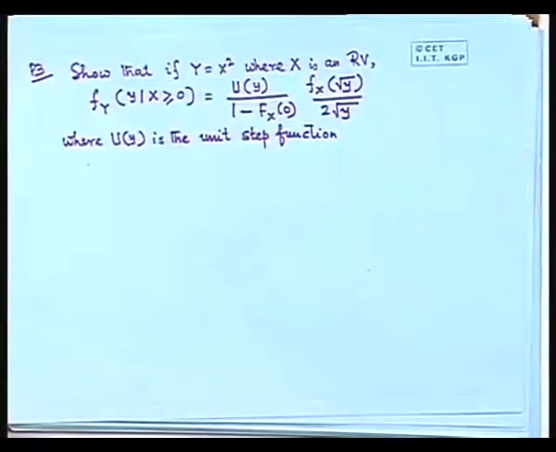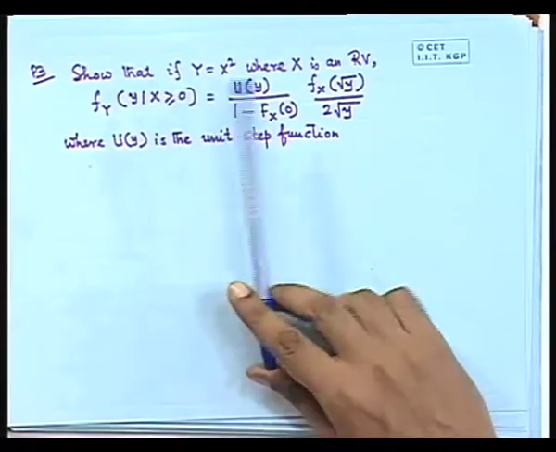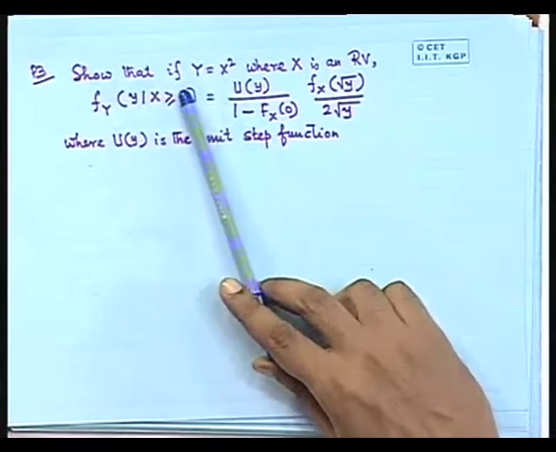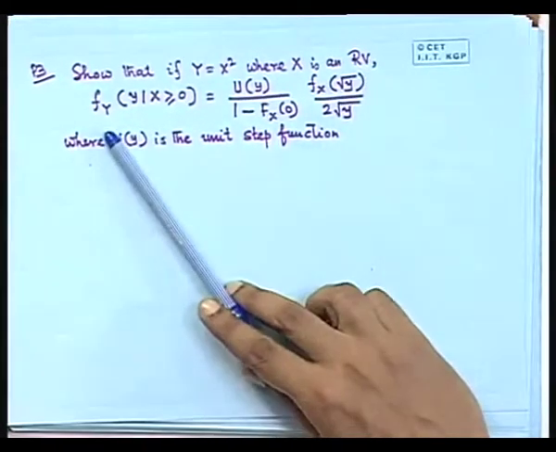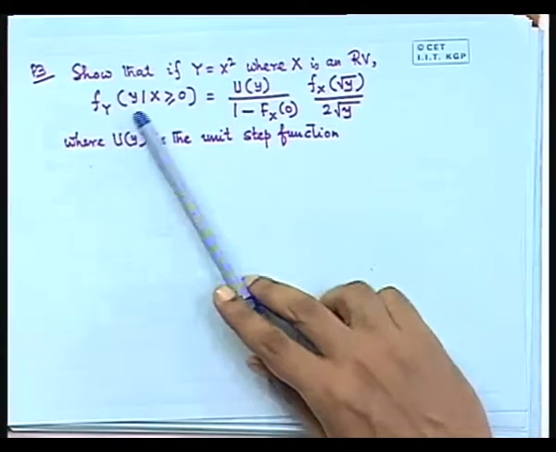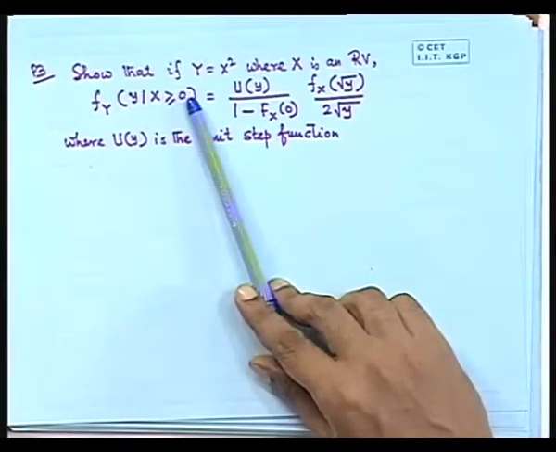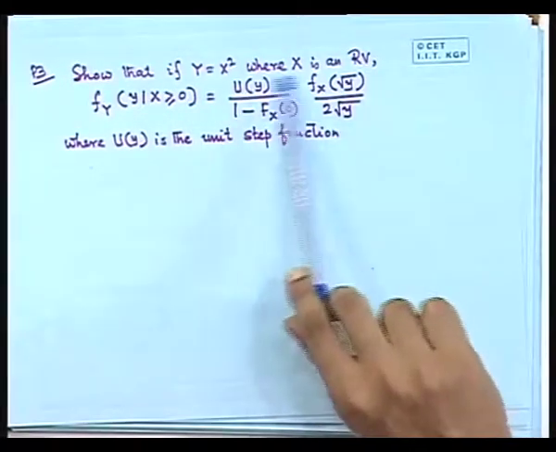Now we have another one. This is simple. Simpler, let us say. Show that if y is x square, that is, now we are defining a function of a random variable where x is an RV, f_y of y given x greater than or equal to 0 is this.